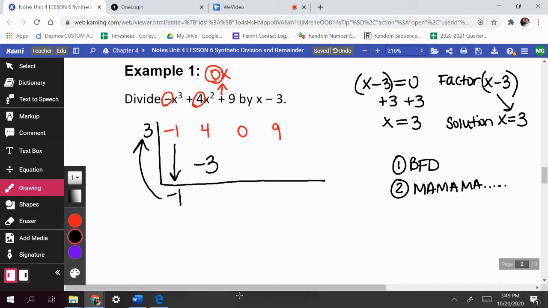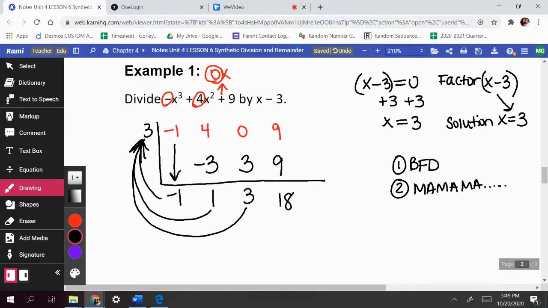Then I add down. 4 plus -3 is 1. Then I multiply again. 1 times 3 is 3, and I put that in the next column. Then I add down 3. Then I multiply again. 3 times 3 is 9. Put it in the next column. Then I add down 18. This is your remainder. The last number is always your remainder.